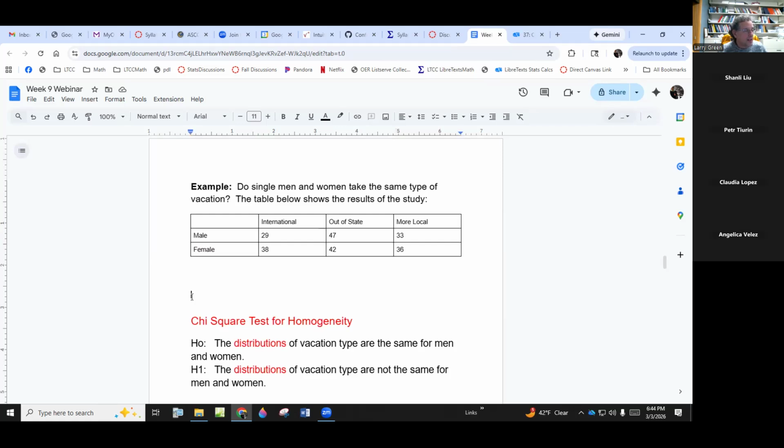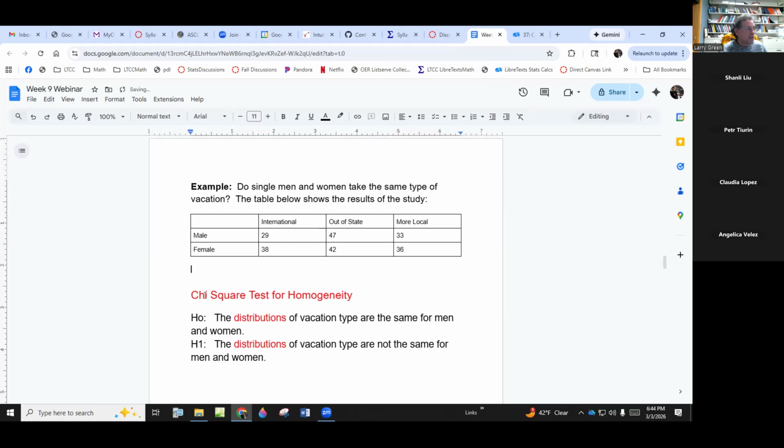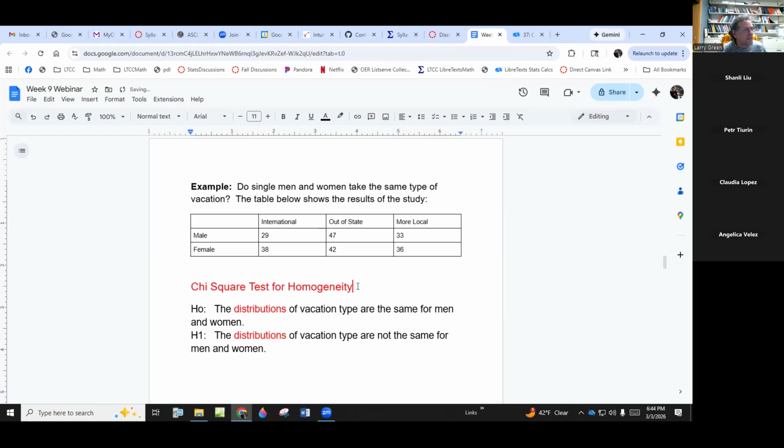So we use a different kind of test. It's called a chi-squared test for homogeneity. Do you know what the word homogeneity means? You might have heard the word homogenized, like homogenized milk. Do you know what the word homogeneity means?